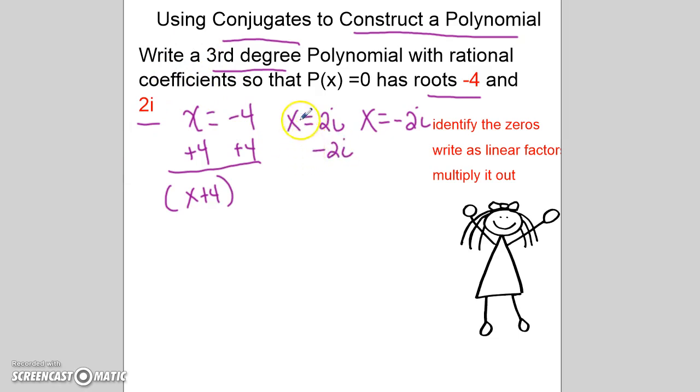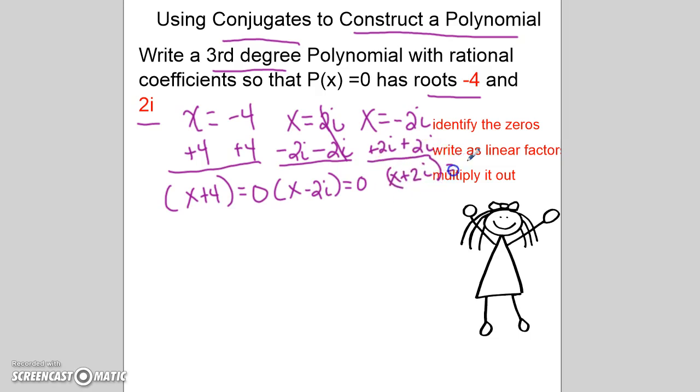Going backwards, setting this equal to 0: x minus 2i equals 0 from the 2i, x plus 4 from the negative 4, and if I add 2i to each side, I end up with x plus 2i equals 0.